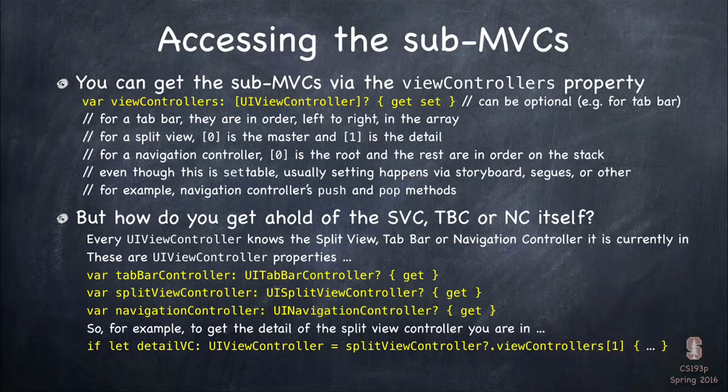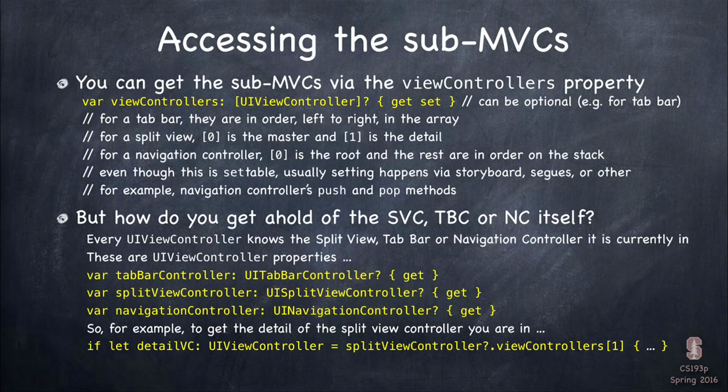So that's great, but if I'm inside a split view controller, how do I get the split view controller I'm in so that I can access this property? And the answer is UIViewController has these 3 very important properties: tabBarController, splitViewController, navigationController. They're all optionals. They will tell you the split view controller you are in, if you're in one. If you're not, it'll be nil.